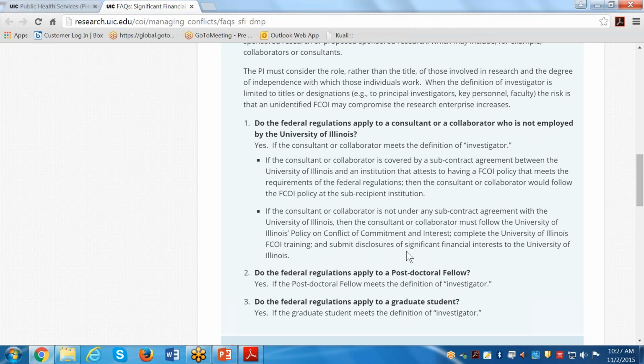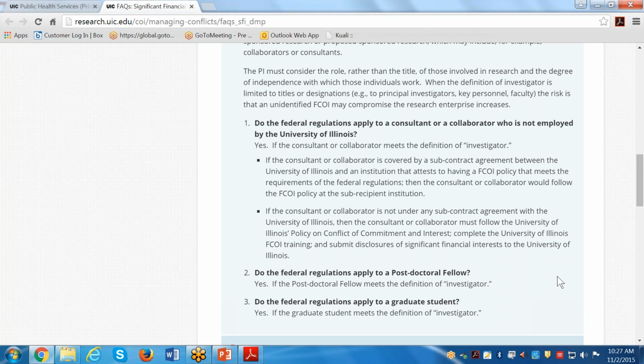And then additional guidance is here: could that be a collaborator or consultant? Yes, and that's the same as the FAQs for NIH. They say the same thing if that person is an investigator based on that design, conduct, or reporting obligation. And so we do have the process whereby, if somebody's covered under a subcontract agreement, they would be covered by their institution if their institution had a policy that was compliant with federal regulations.